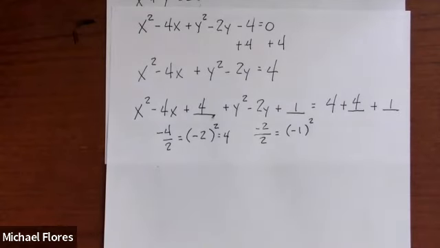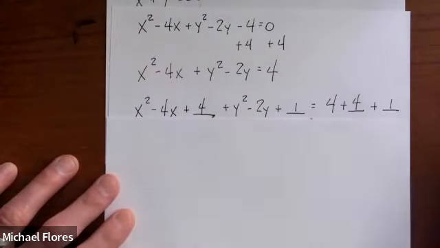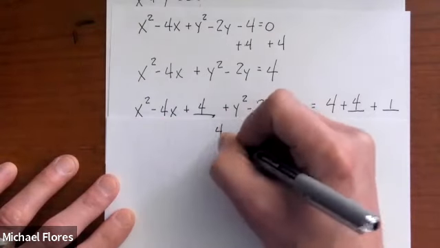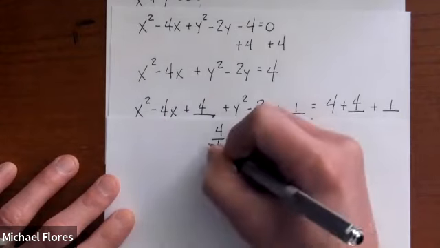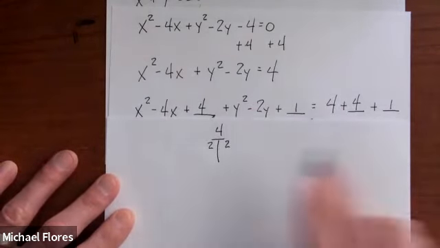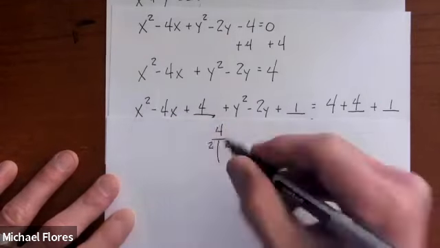Okay, now go with me for a second. I'm going to cover up this work to show you what I'm about to do. This right here is now a perfect square trinomial. If we were to factor that, we would need the factors of 4 that add to get 4. Well, that would be 2 and 2. They would have the exact same sign. They would both be negative.